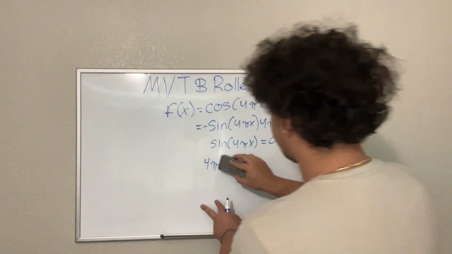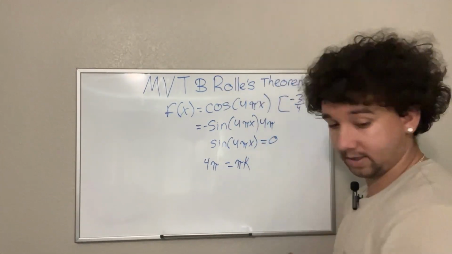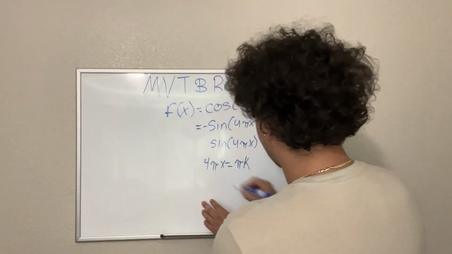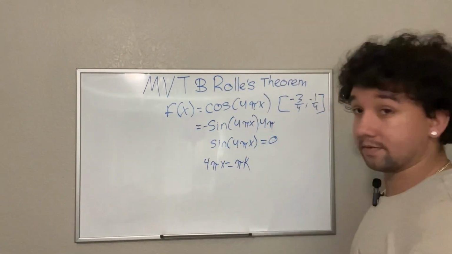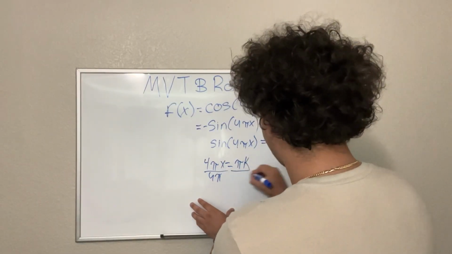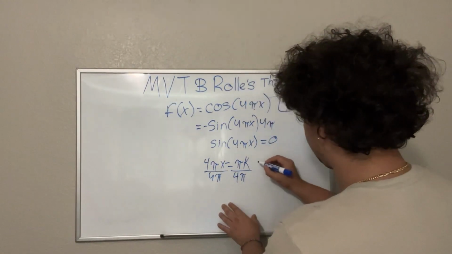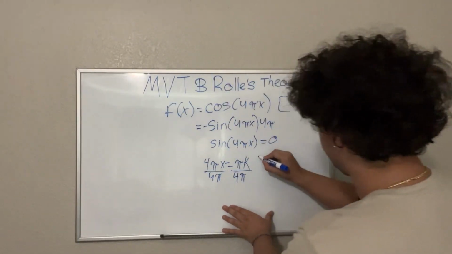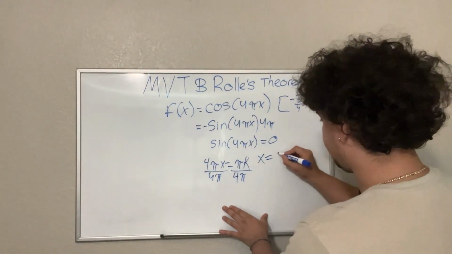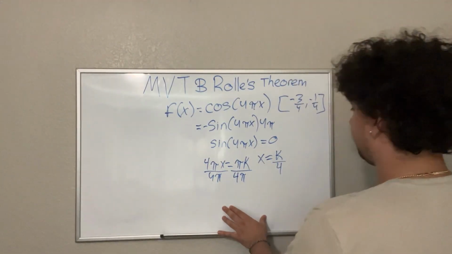Sorry, I meant 4 pi x; I got a little bit ahead of myself there. Now I'm going to divide everything by 4 pi, and notice I get x is equal to k over 4.